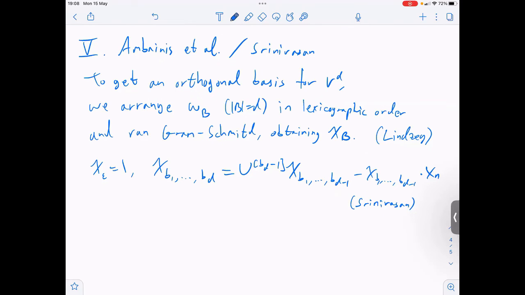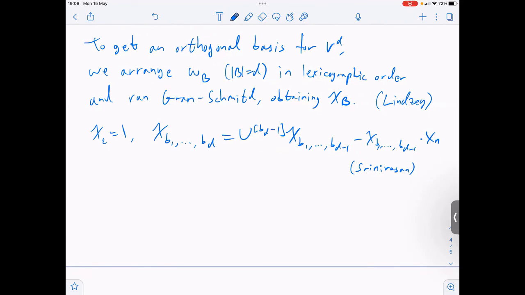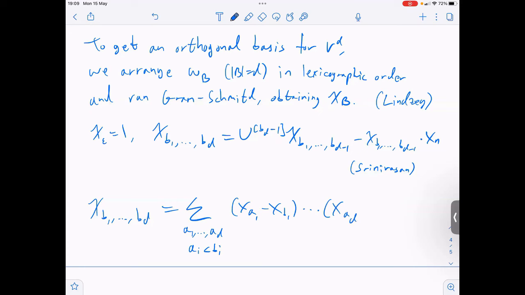Okay, and now we're going to give this explicit description. So this is going to be my work. So this chi b1 up to bd: we're going to sum over all a1 up to ad such that ai is less than bi, and all the a's and b's are distinct, but we don't require the a's to be increasing, of x_a1 minus x_b1, up to x_ad minus x_bd.